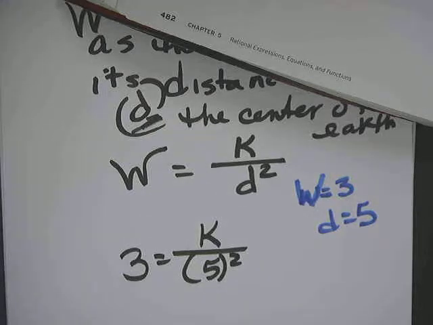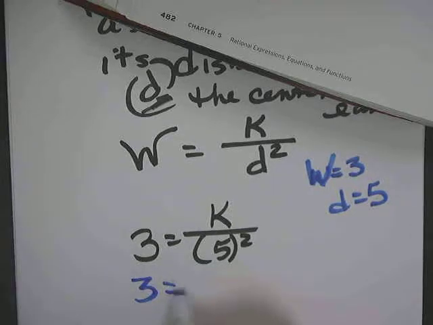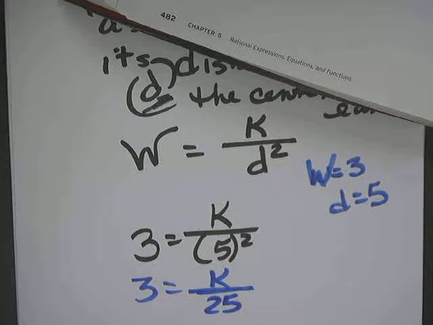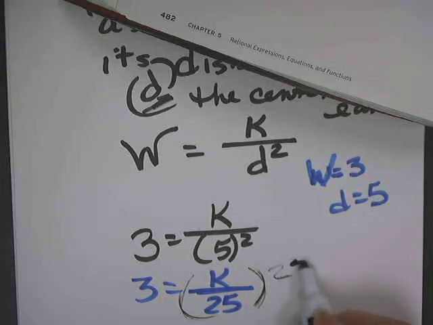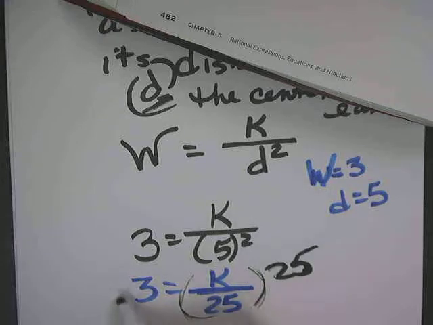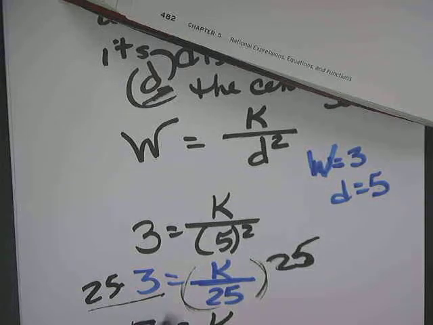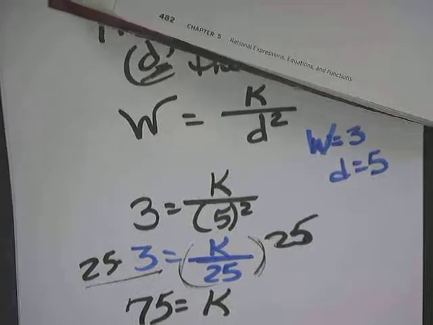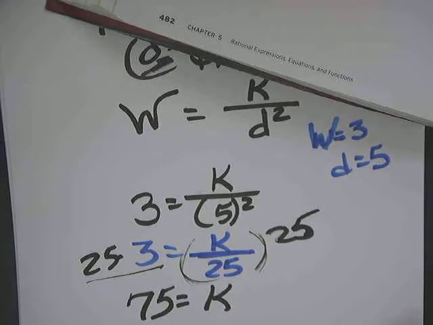Okay, but let's do it where the W is 3 and the distance is 5. Okay, so the W is 3, K over 5 squared, right? Just put the 3 here and the 5 here. You probably guessed that, right? Okay, so we have 3 equals K over 25. How are you going to solve that? Multiply it.